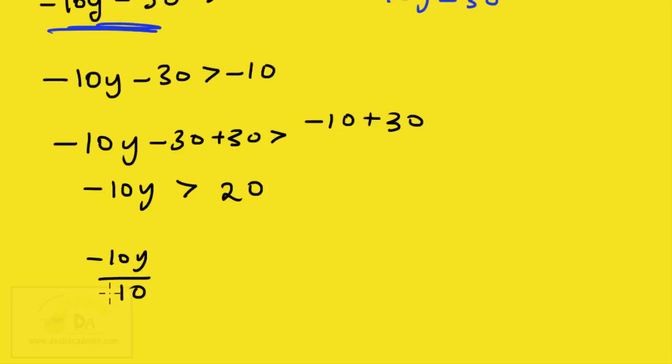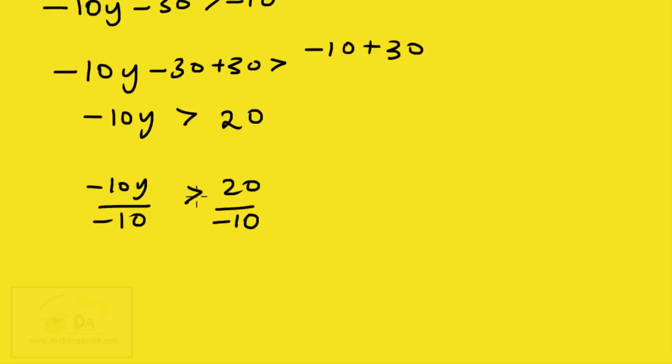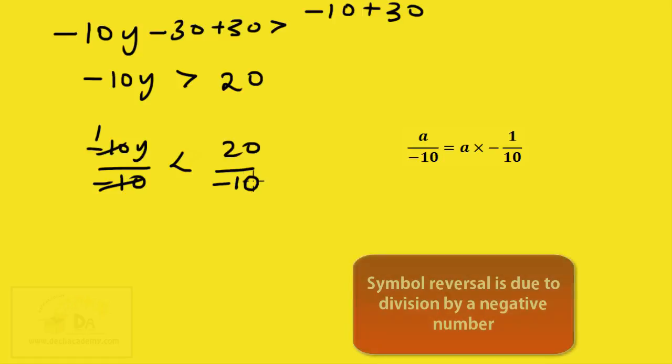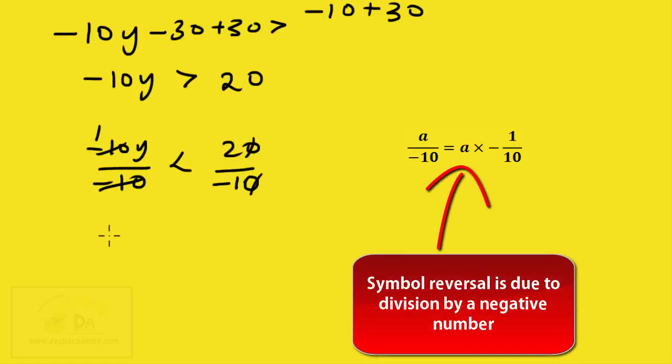So dividing through by minus 10 gives this, but the symbol here should not be the greater than symbol. The symbol here should be reversed to give the less than symbol. Simplifying this, minus 10 over minus 10 is 1, and 20 over minus 10 is minus 2, so we have y is less than minus 2.